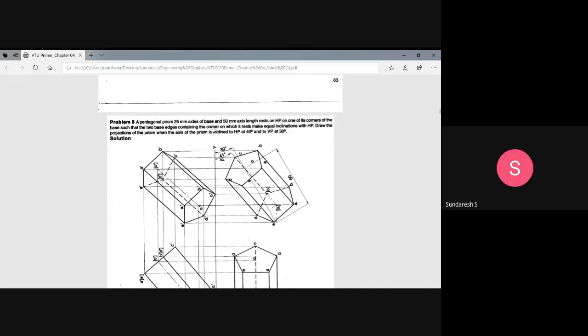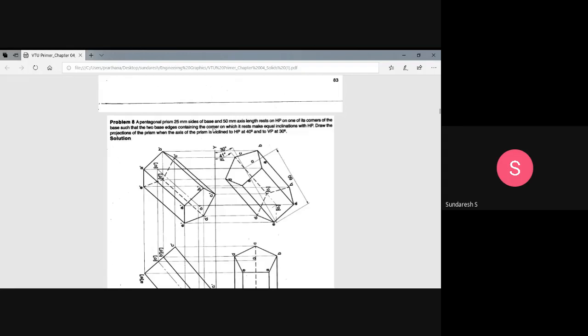So you have to start with the top view by constructing a pentagon of size 25 millimeter such that the corner comes to your right. Because it is a pentagon, it will have an opposite edge and opposite corner, so the corner and the side will be opposite to each other.